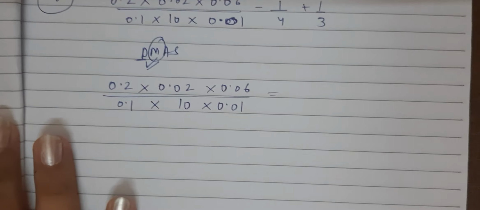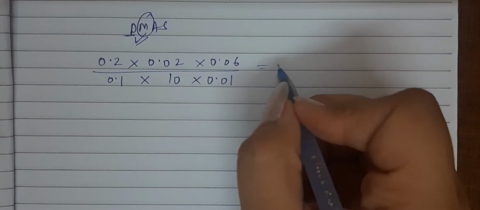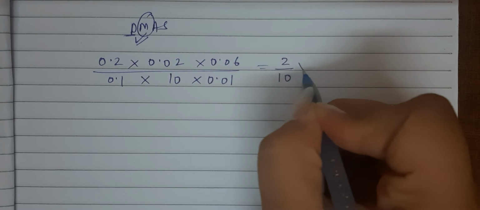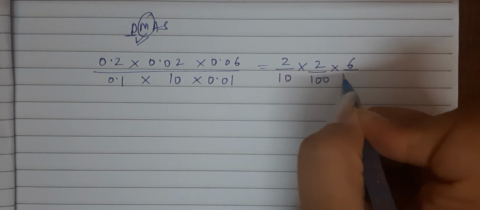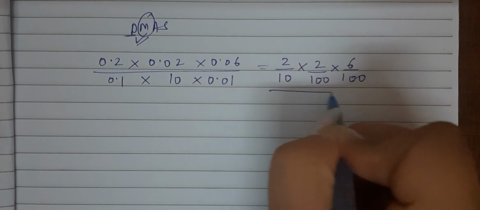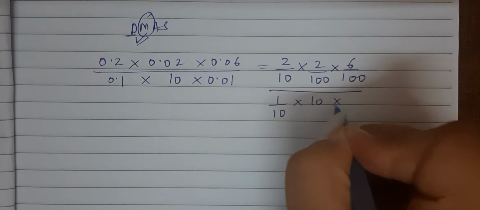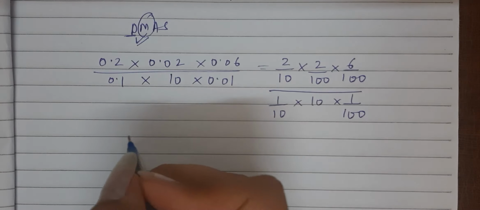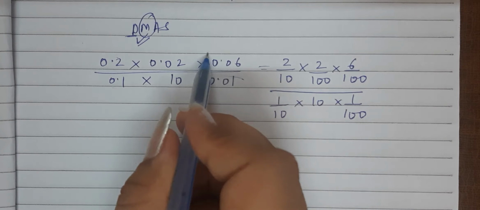Now first of all, I will open the numbers and write in P by Q form. Here 0.2 can be written as 2 by 10 into 2 upon 100 into 6 upon 100 upon 1 by 10 into 10 into 1 upon 100. And if I want, I can write that these numbers are dividing with these numbers.